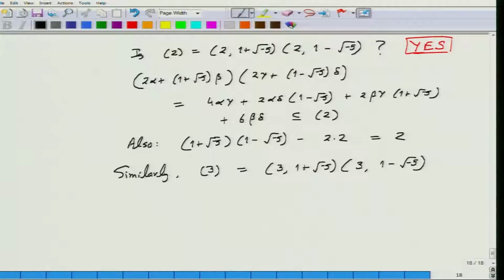So any element of this belongs to the principal ideal generated by 3, and conversely I can generate 3 in this. Basically the same thing. 3 times 3 minus this product is 3. So that also shows that the principal ideal of 3 also factors. So that's the factorization of 2 and 3.